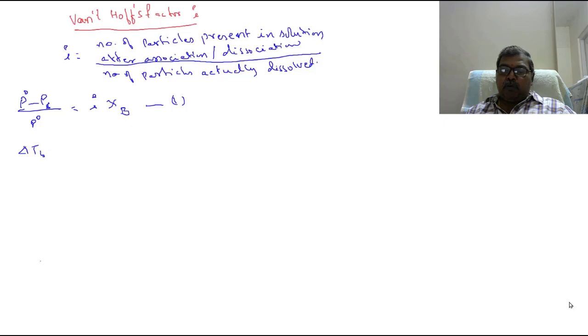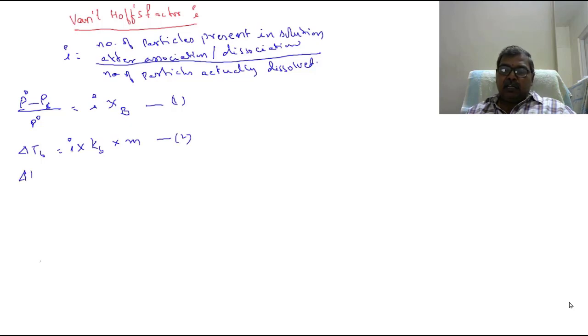Elevation in boiling point is equal to Kb into molarity of the solution. If solute associates or dissociates, then delta Tb is equal to i into Kb into m.